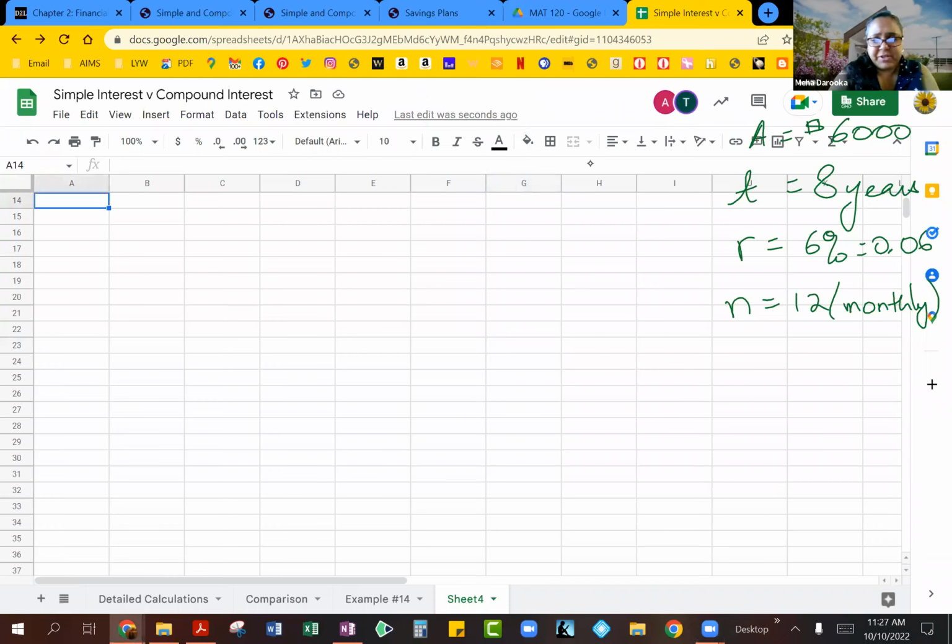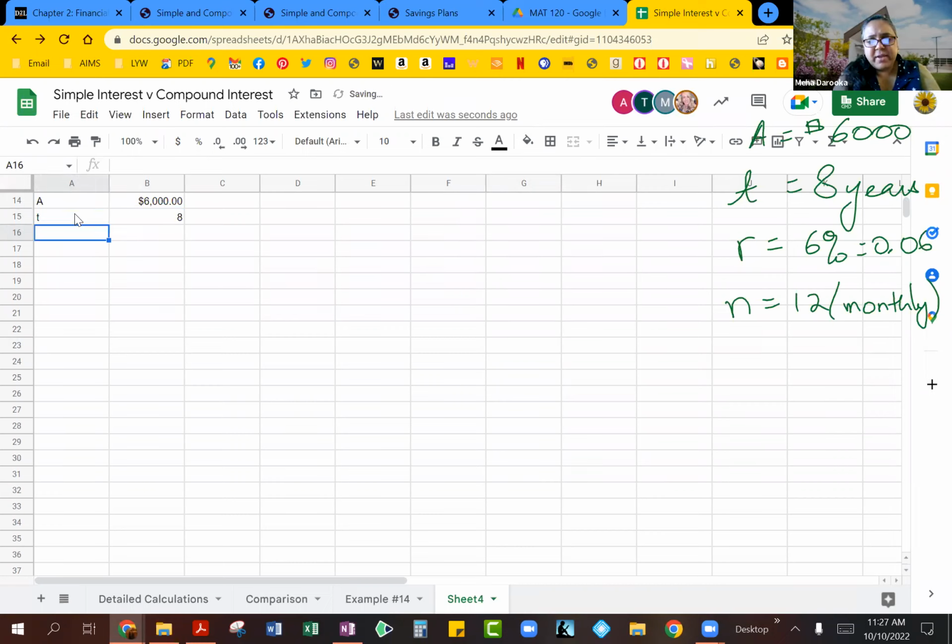Alrighty, so let's go ahead and enter these amounts in here. So our A value is $6,000. And again, I'm just going to format that. Just going to format my 6,000 as a dollar. So just click on this little dollar symbol here. Our time is 8 years.